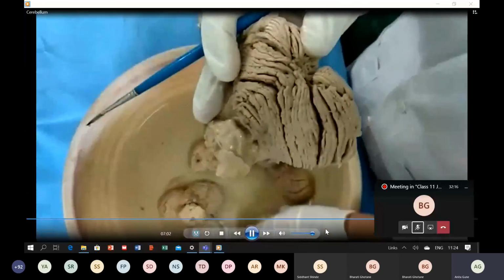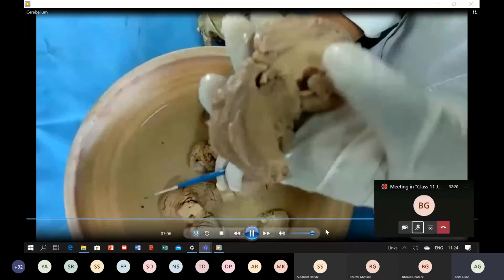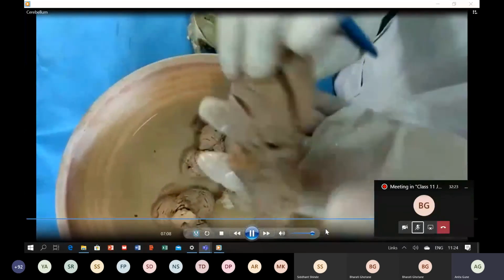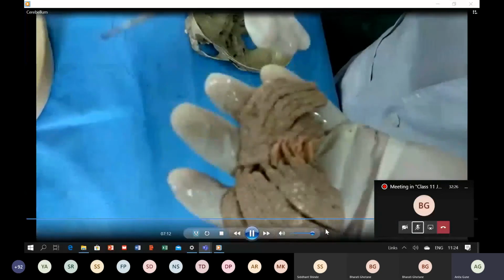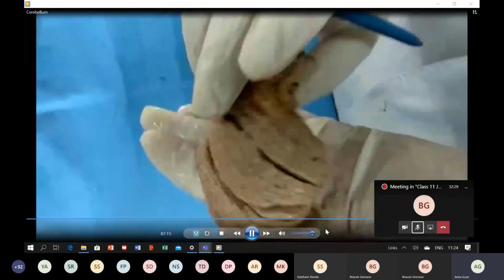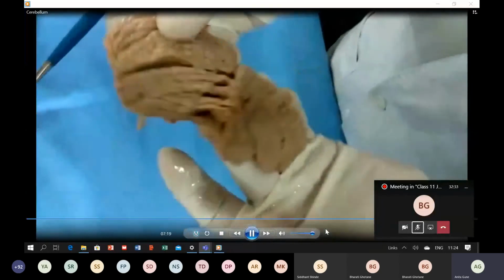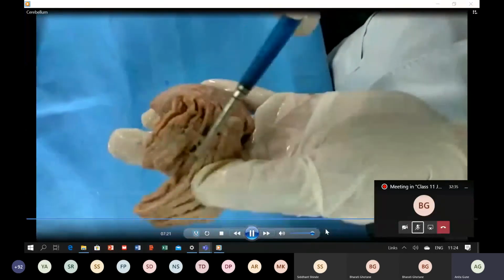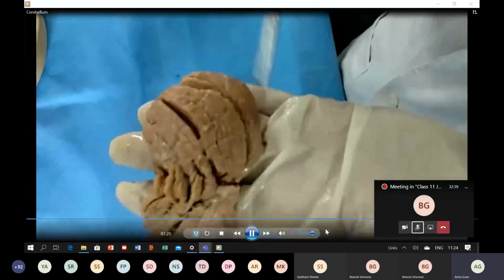Now I will show you this separated part of the cerebellum. It is separated from the midbrain. Here you can see the primary fissure and this is the anterior lobe.